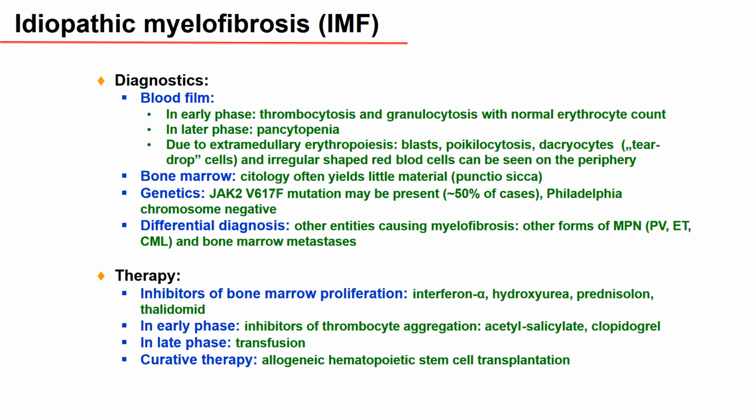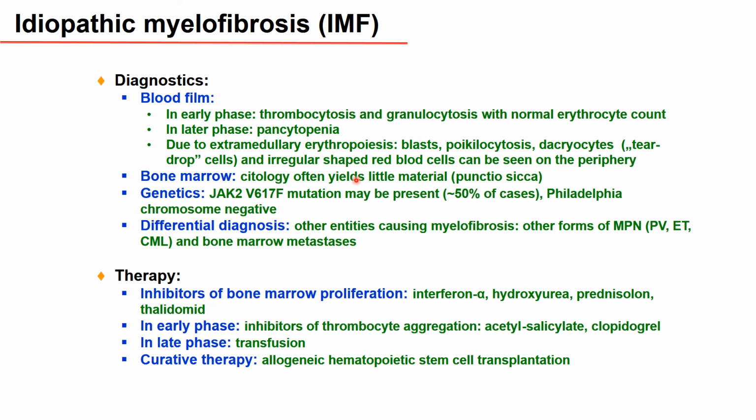leukemia. Now, diagnosis, again, blood film, as I mentioned, you can see thrombocytosis or thrombocytopenia depending on which phase you are in. In the early phase, usually the cell count is higher. In the later phase, it is lower. You can take some bone marrow aspiration immediately.